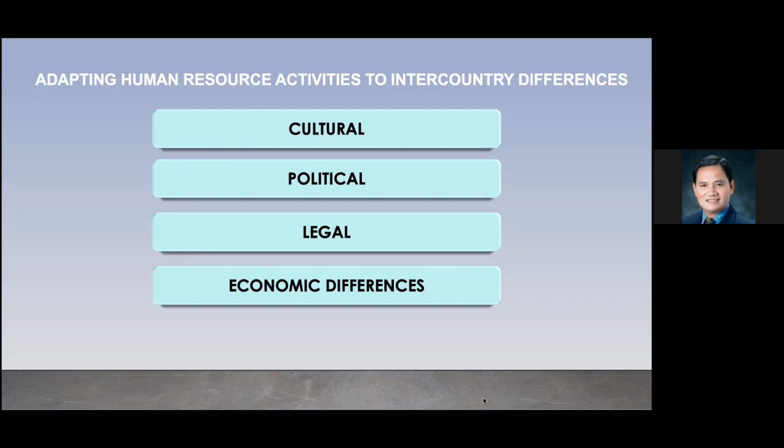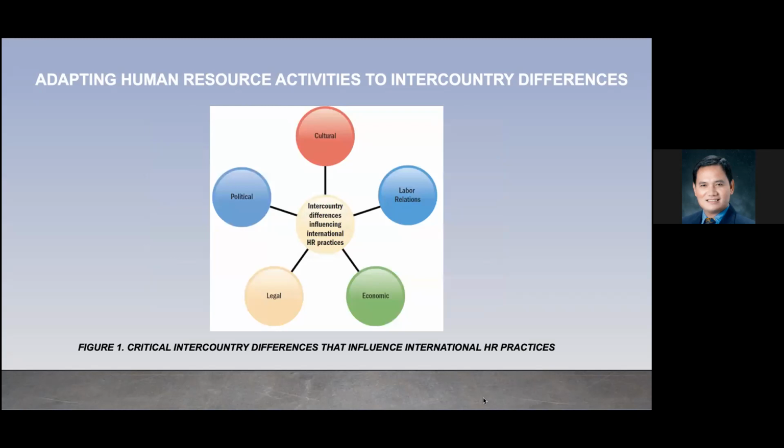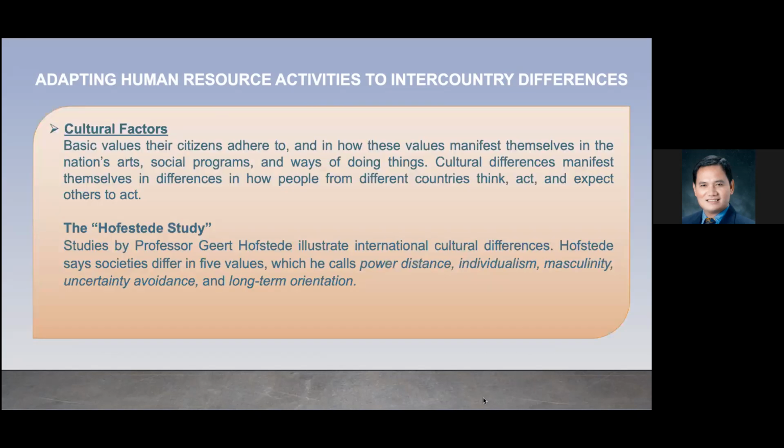But the point is that managers have to adapt their human resource policies and practices to the countries in which they are operating. So here in figure number one, we also have other differences such as labor relations, economic, like what I said a while ago, cultural, political, and legal.